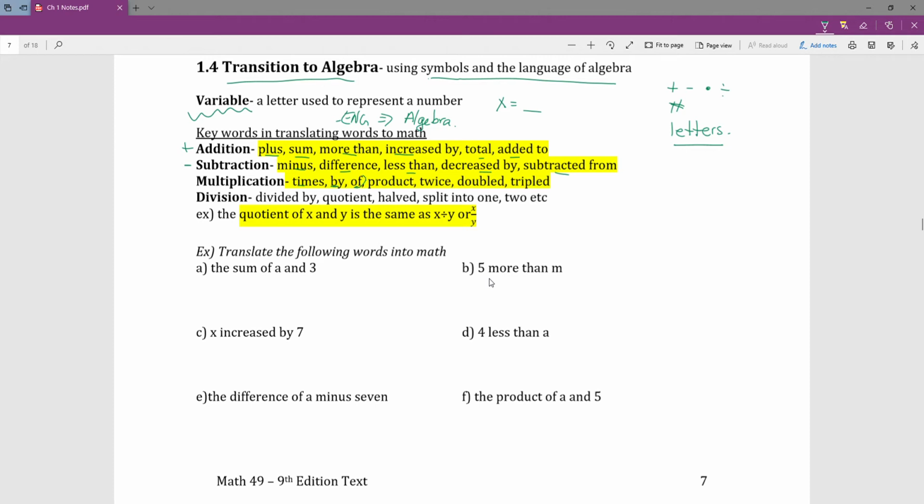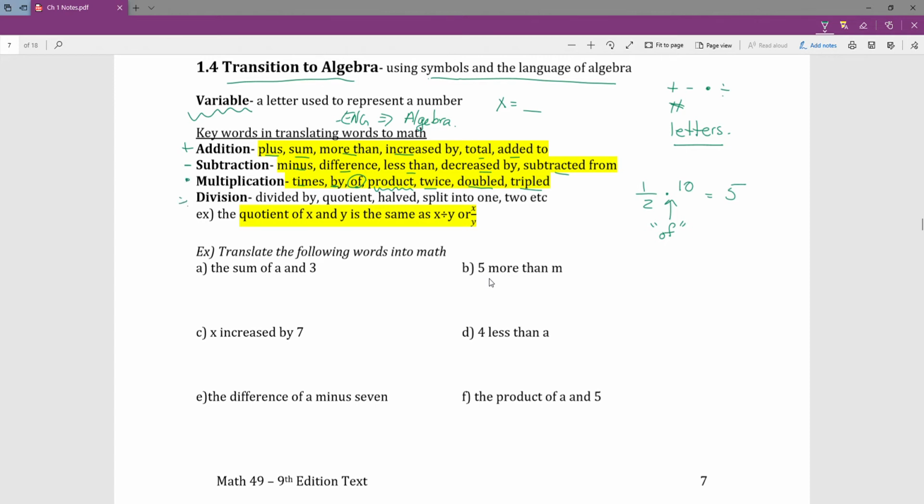Of, that's a really sneaky one. Half of 10 is 5, right? I said of here. So that's what multiplication is. Product, that's the fancy word I used even back in chapter 0. And then you could go into twice, which is 2 times, doubled, which is 2 times, tripled, which is 3 times, right? Okay, so that's multiplication.